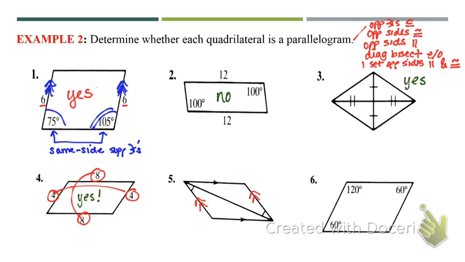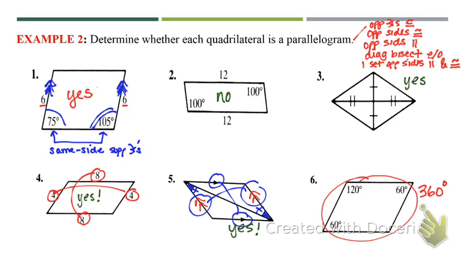Okay, let's look at number 5. We have parallel lines. How did I know I had parallel lines? Because they showed me that these alternate interior angles were congruent. So that gives me parallel lines here and here, and I already had a pair of parallel lines here. So that one is a yes.